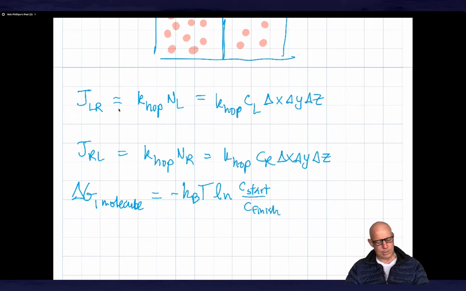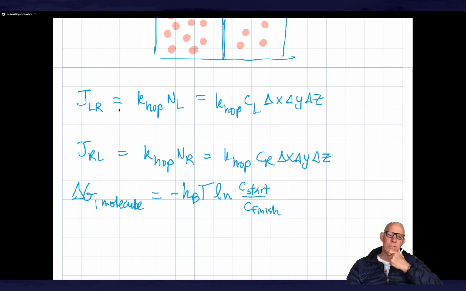That's the side you go from, the side you start from, and the side you finish on if you're the molecule. In other words, I take the molecule from the side that has concentration C start and put it over on the side where the concentration is C finish.